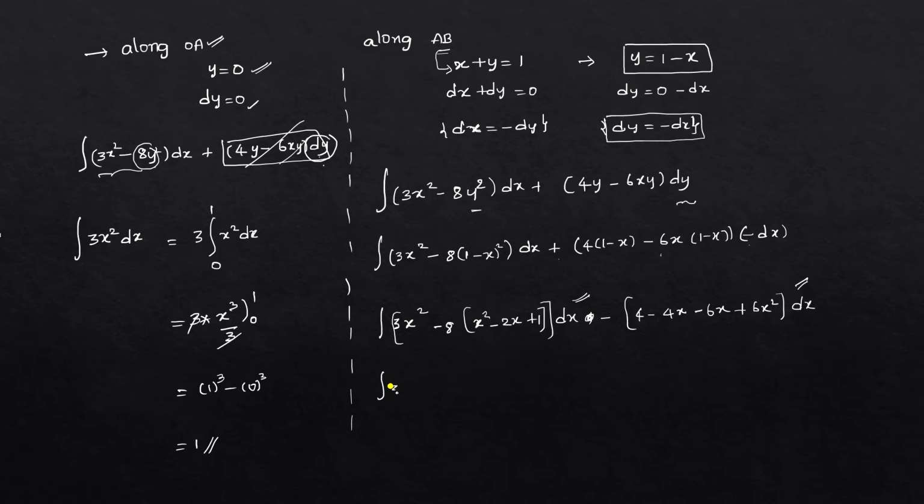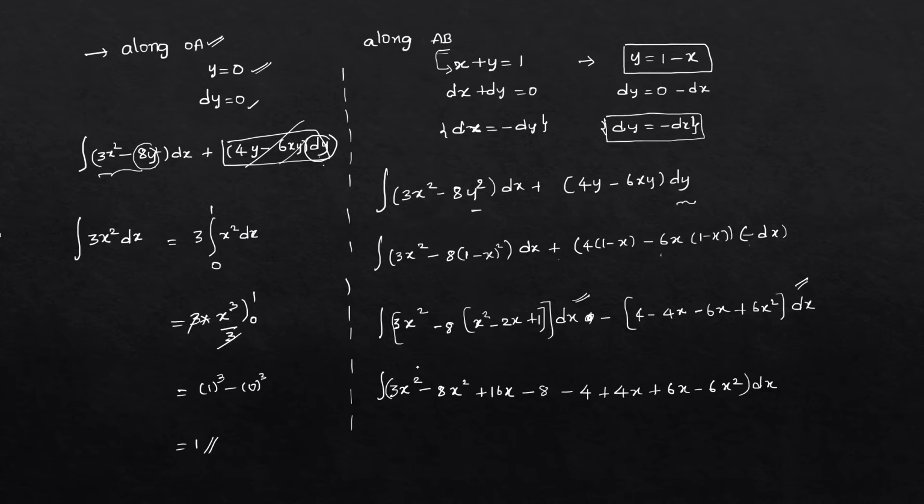So 3x square minus 8x square plus 16x minus 8, and again minus 4, minus into minus plus 4x, minus into minus plus 6x, plus into minus minus 6x square. The entire thing we have to integrate with respect to dx.